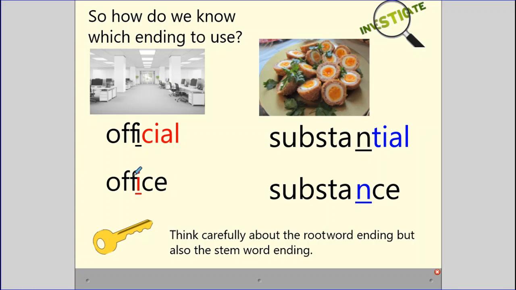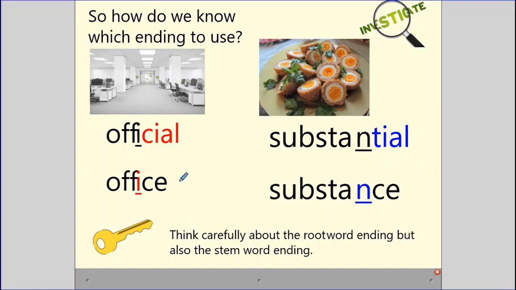Okay, so if the stem of your word ends in A, E, I, O, U, you add C-I-A-L. But if the stem of your word ends in a consonant, so for example in substantial, so in substance, an N, then you add T-I-A-L.